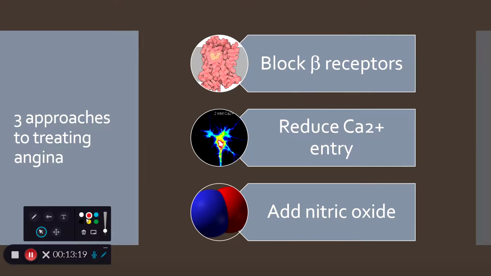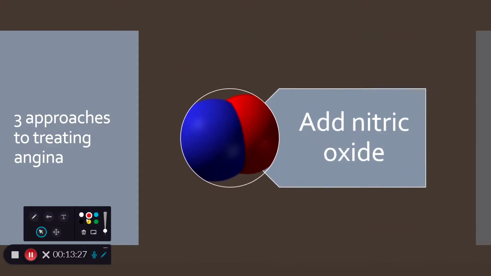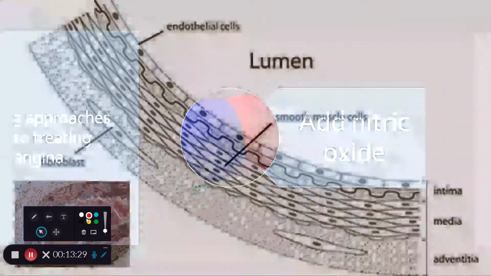So we can block beta receptors or we can reduce calcium entry. We can also affect the system by adding nitric oxide.